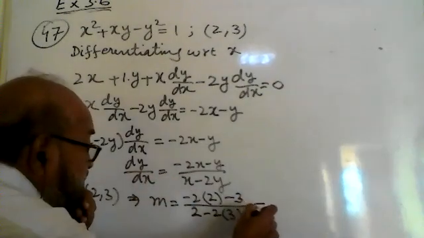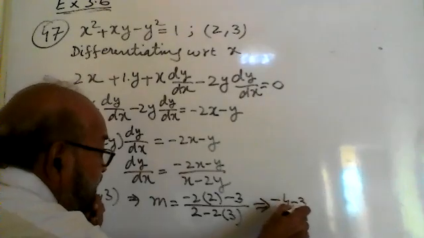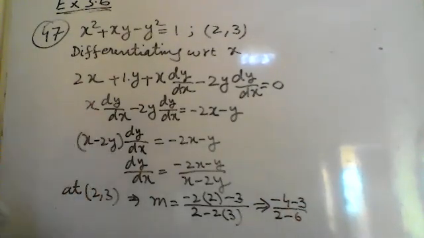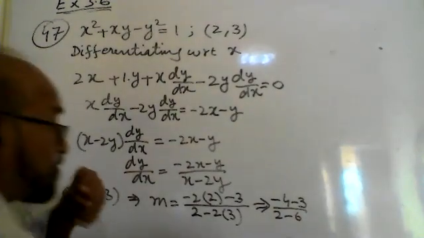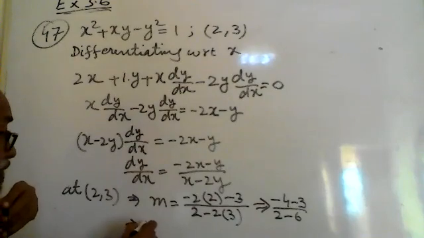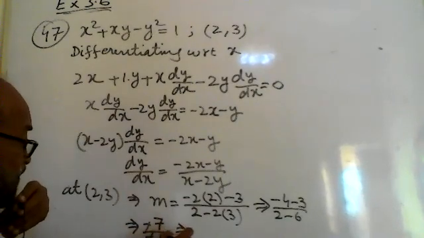So the answer is minus 4 minus 3 upon 2 minus 6. So minus 7 upon minus 4. The answer is 7 upon 4.